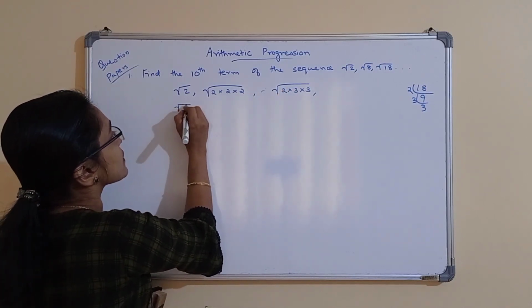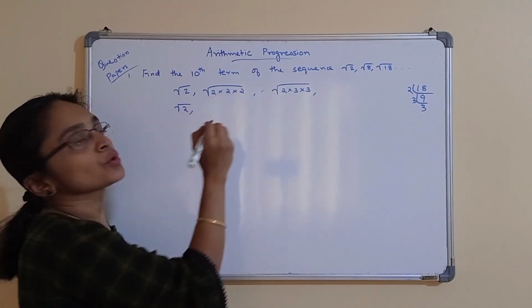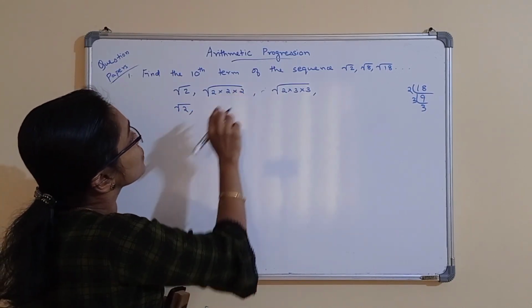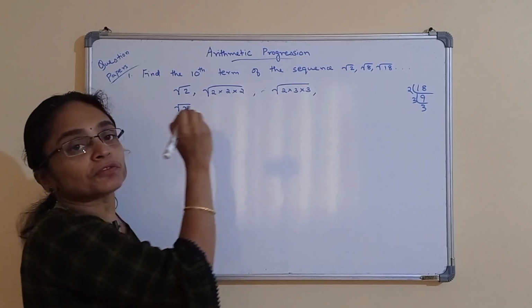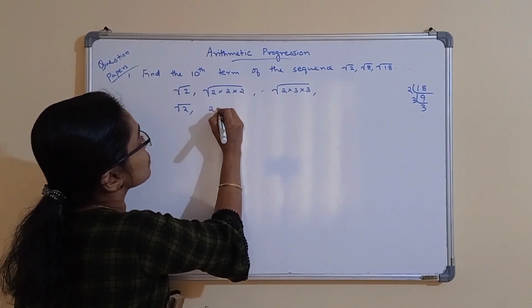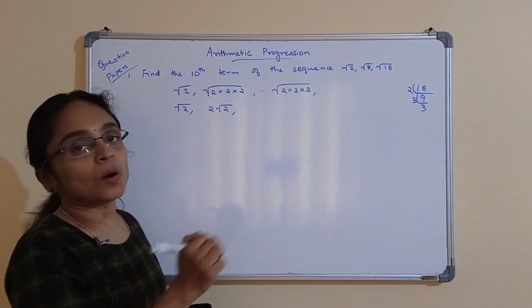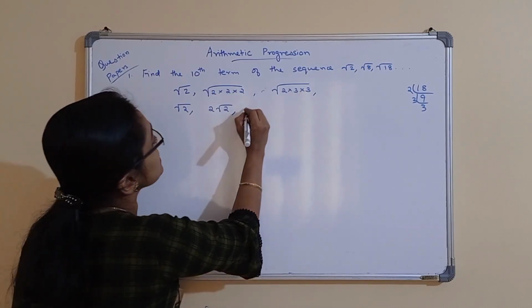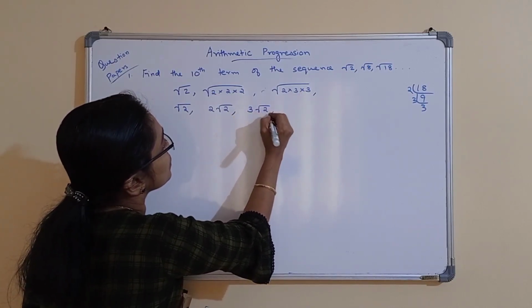So we can write this as root 2. Then root of 2 into 2 into 2 is, root of 2 into 2 is 2. So 2 root 2. Now root of 3 into 3 is 3.